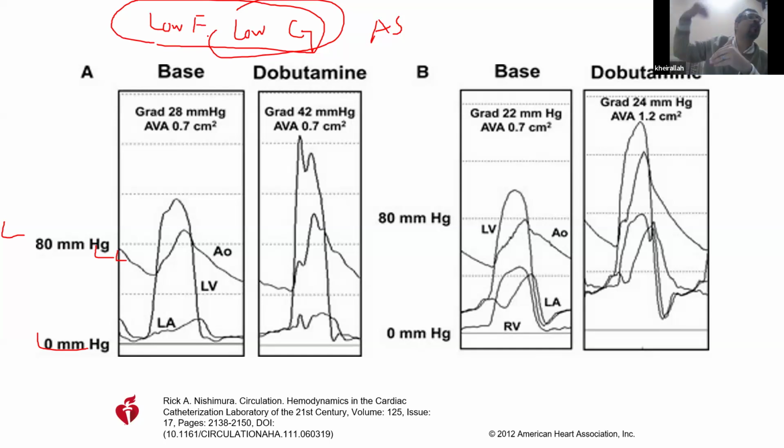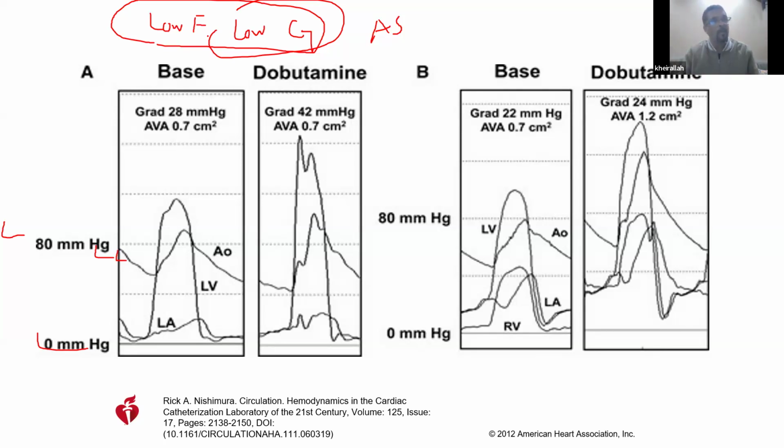So in this case in echo, what do we do, to know whether it is truly severe? I am talking about true aortic stenosis, not HOCM. We do a dobutamine stress. We give a low dose of dobutamine, whose function is to augment the flow.